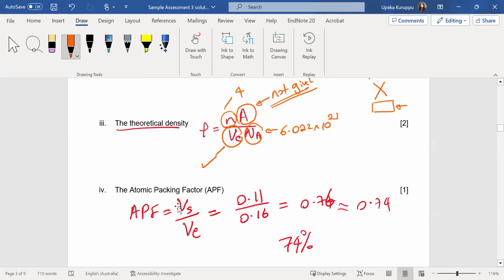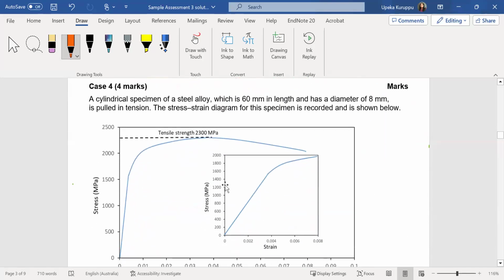We already know BCC is 0.68 and FCC is 0.74. So we should get the right values when you put in all the decimals. Because of that rounding, we get different values, but if you keep all the numbers, you should get 0.74. Okay. All good.